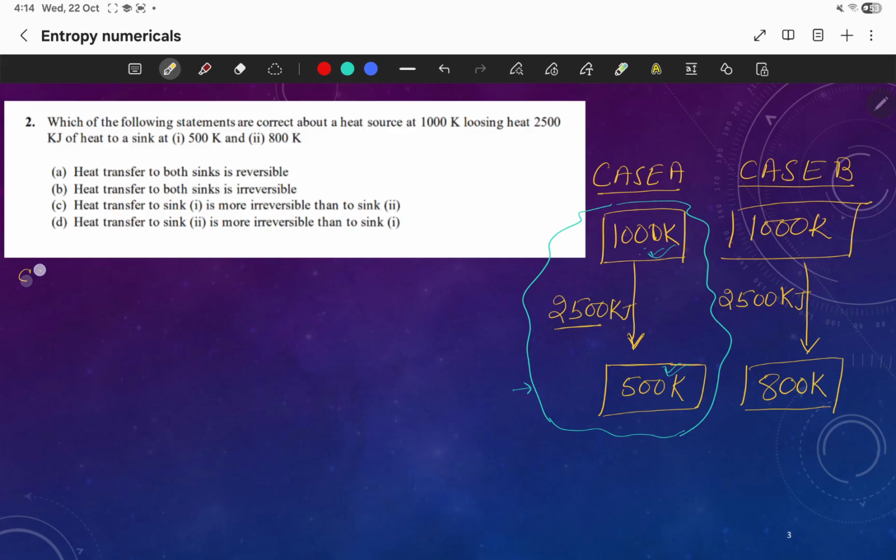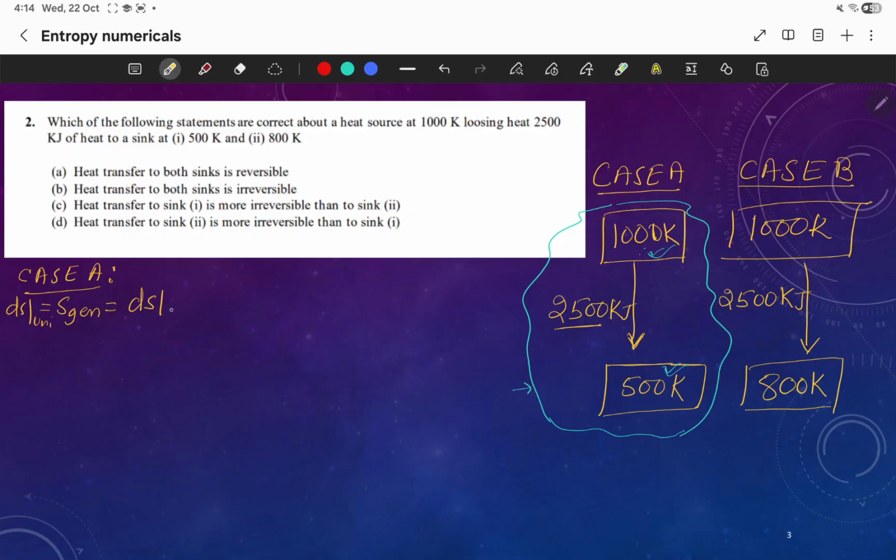For case A, we know that S generation, ds universe is equal to S generation.